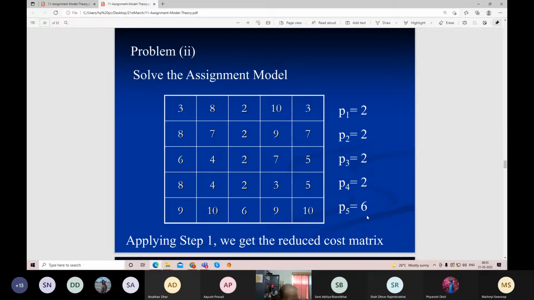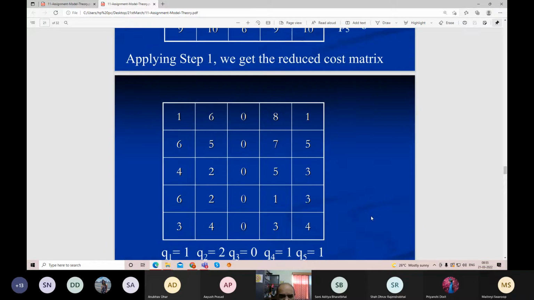We subtract the minimum value from each row. After subtracting, we find the reduced matrix. The reduced matrix in this manner. Similarly, we check whether in every row there is a 0, and in every column whether there is a 0. In the first column there is no 0, so minimum is 1, we subtract.